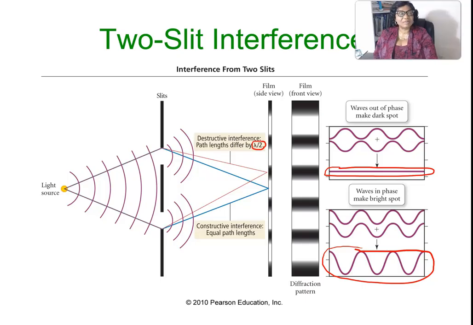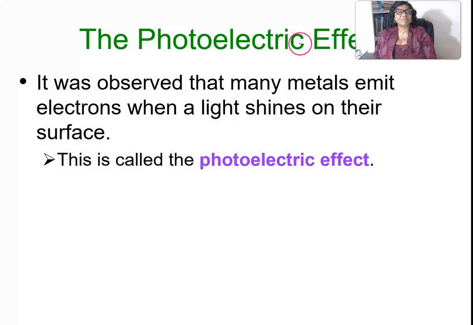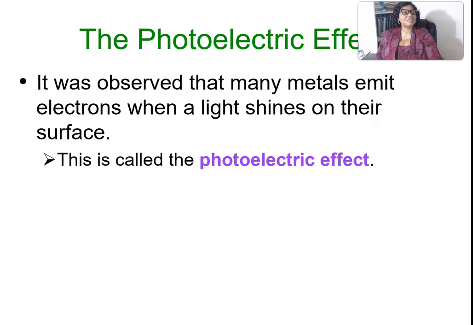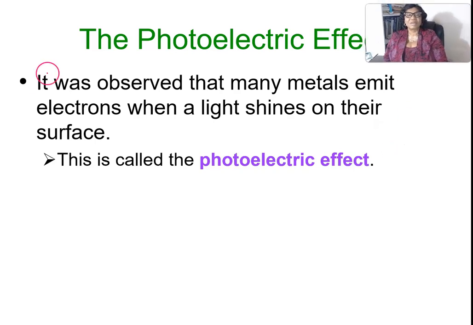After we have talked about interference of waves, let's look at the photoelectric effect. It was observed that many metals emit electrons when light shines on their surface. So many metals were observed to give up electrons when light shines on their surface.